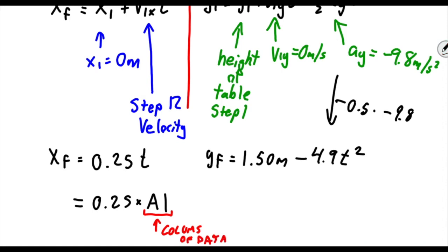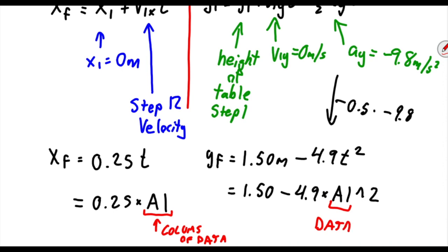And then this will end up looking like this, equals 0.5 minus 4.9 times, again, it'll be that A1, that time, caret 2, to let me know that I've squared it. And again, that's coming from one of the data columns. Okay? So we're going to go in and actually do this now.